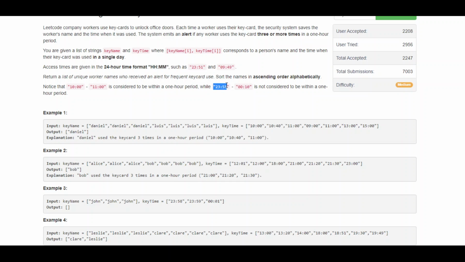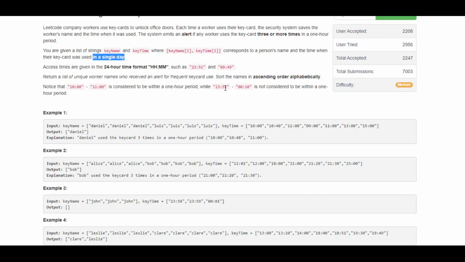Okay, so a client that enters at this time and another that enters at this time, this is not equivalent to the same hour, because as they say in here, this is equivalent only to a single day.